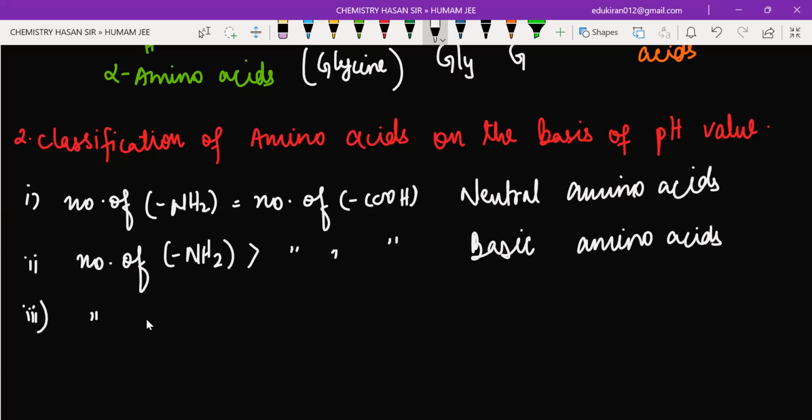The third one is when the number of NH2 is less than the number of carboxylic acid, that means carboxylic acid is greater, then it is an acidic amino acid.